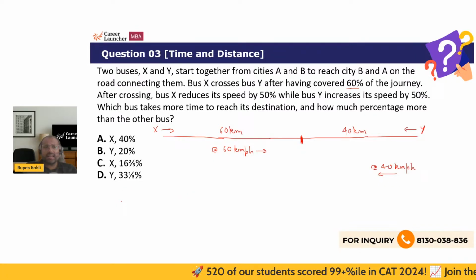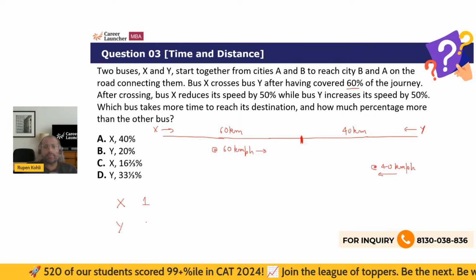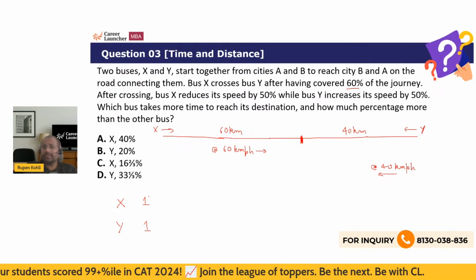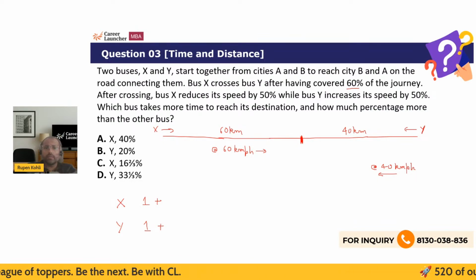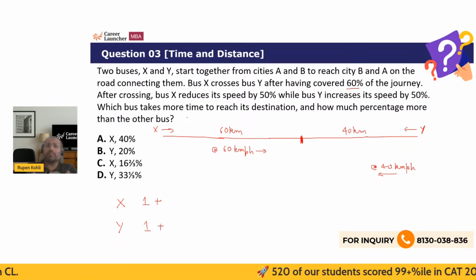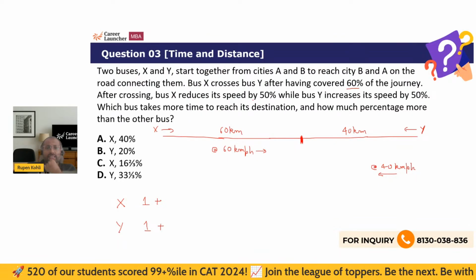So let's track the total time taken by bus X and bus Y. They both take 1 hour to first meet, and then we'll add the time that they take to reach the destination finally. Because remember, we have to find the total time taken by them to reach the destination, right? So bus X reduces the speed by 50%.